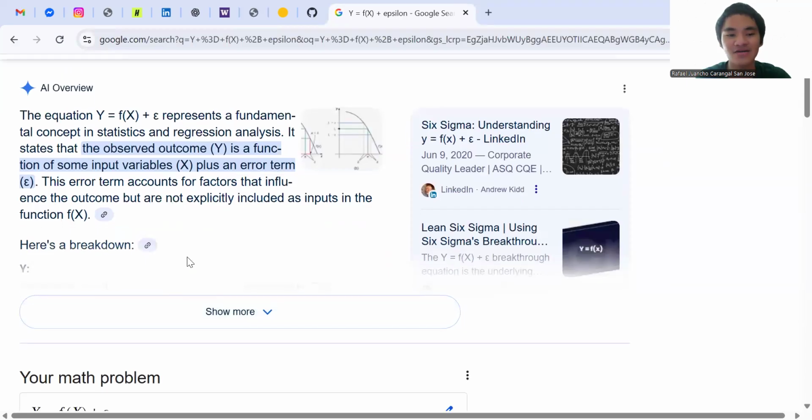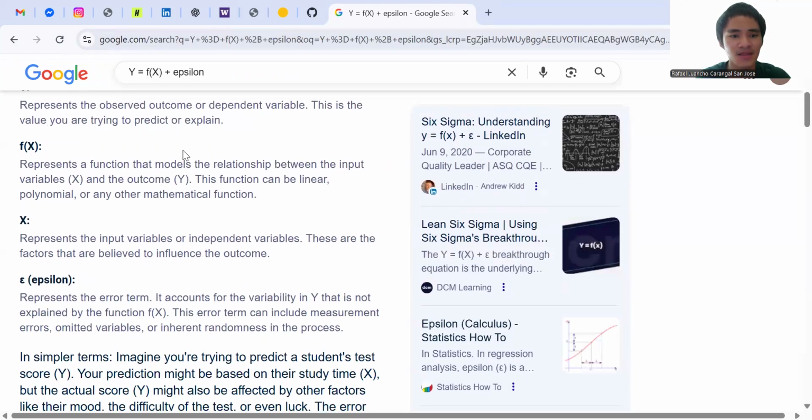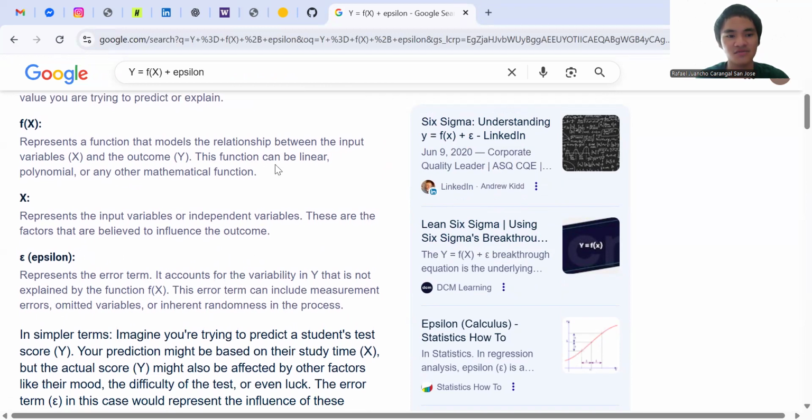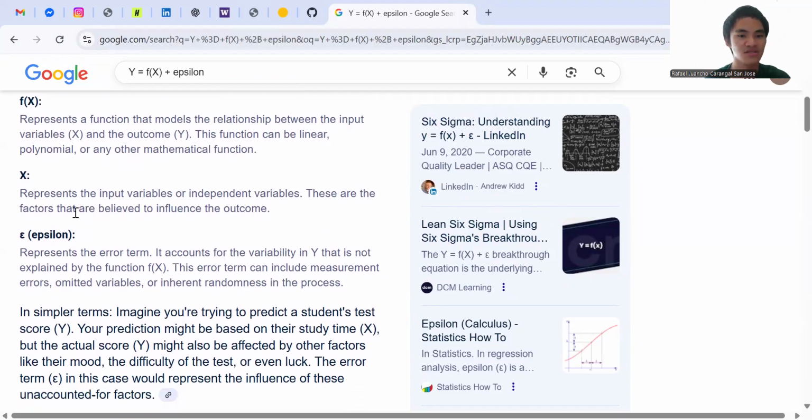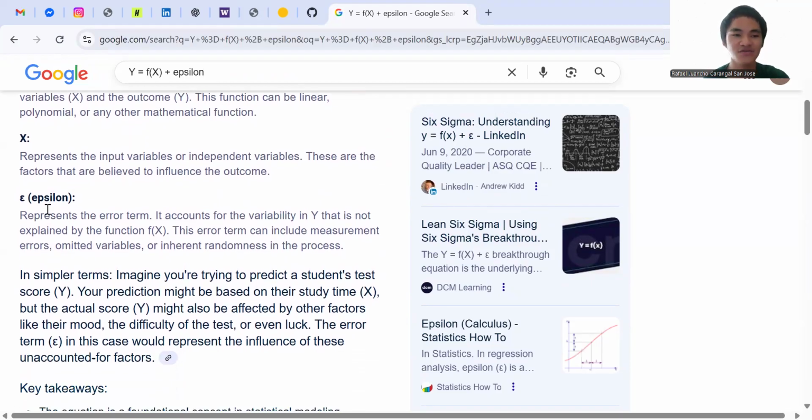Oh, we call that an error term. So that's the outcome. This is the function that models the relationship between the predictors and the response. This function could be linear, polynomial, or any other mathematical function. X is the predictors. And I know it's an epsilon because I've seen it in calculus. I just didn't know what it was used for. But apparently, this is some error term.